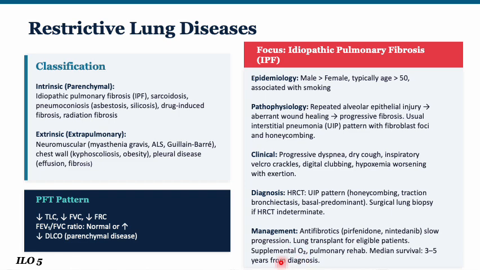You will give them supplemental oxygen. Again, the median survival is 3 to 5 years from the diagnosis. It's a tough disorder. If the patients don't get a transplant, their survival, like it was stated, is probably 3 to 5 years.